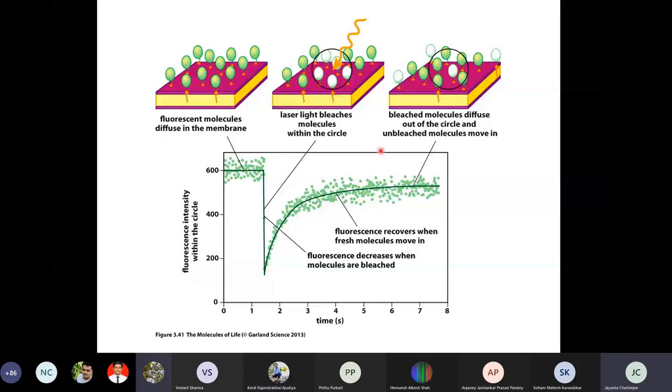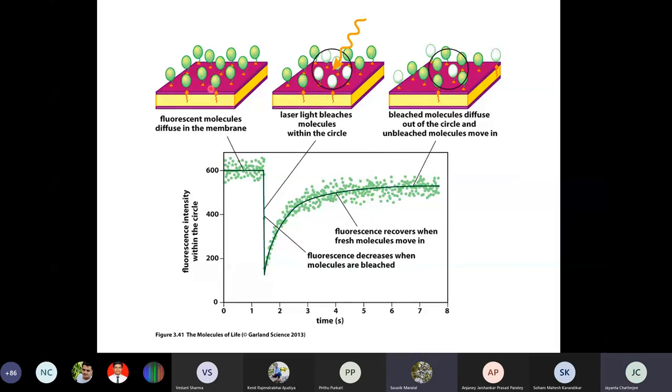Sir, I have a question. Yes, tell me. Sir, if we repeat the experiment in the same way with proteins, if we combine the fluorescent molecules with some of the proteins and then repeat this laser experiment, will the result be the same or different? I don't follow what you mean.